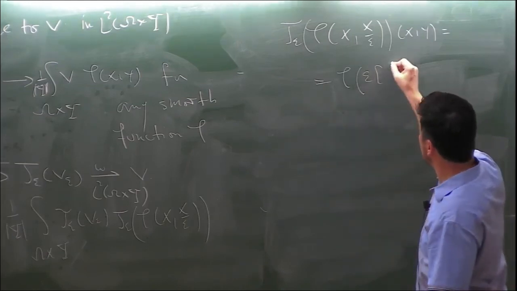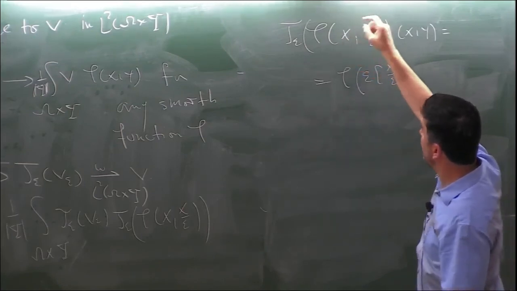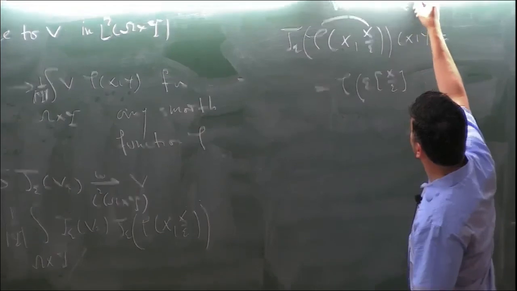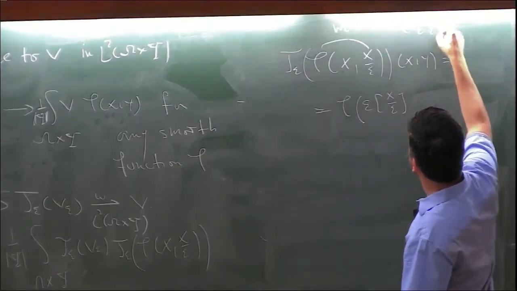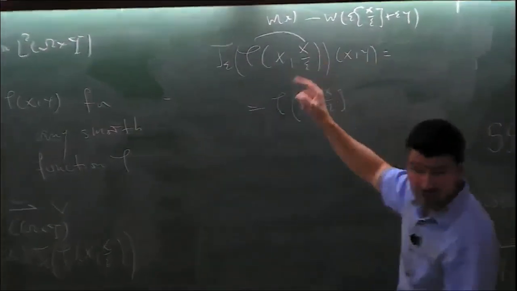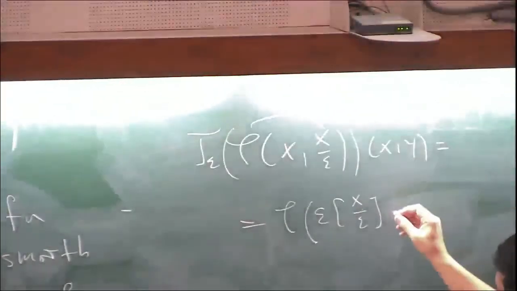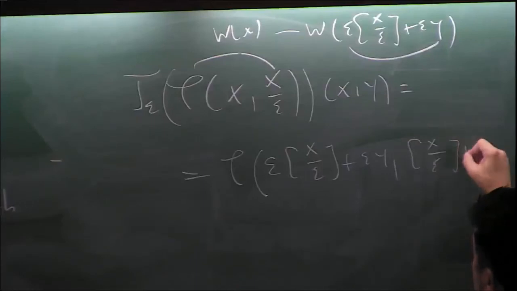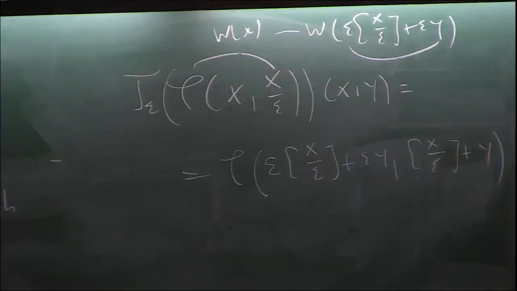So this is a function of x, like w of x. So the unfolded takes it in w of x. So I replace x with this thing.